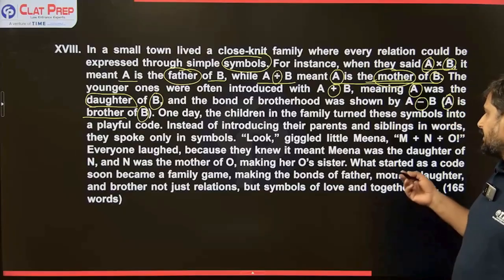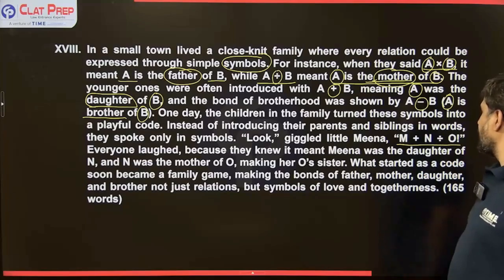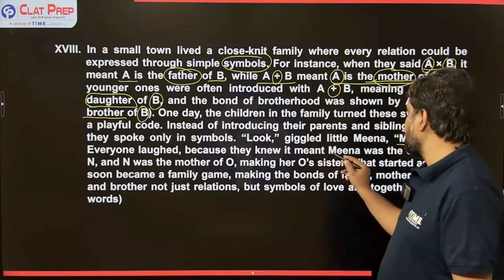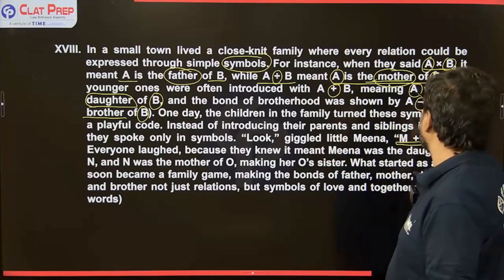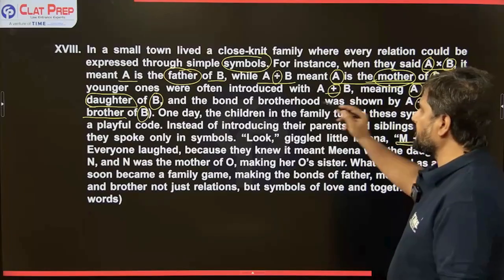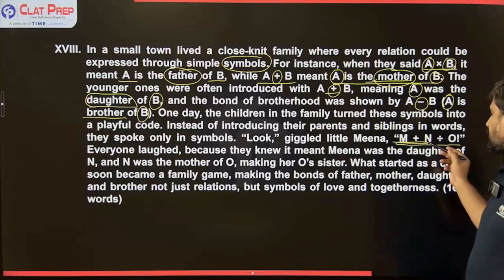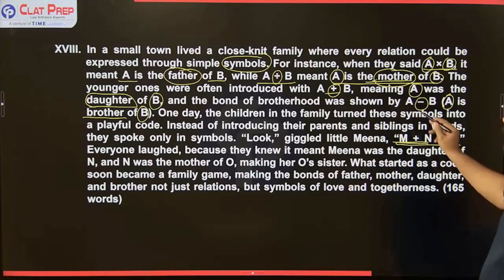Look, giggled little Meena, M plus N divided by O. Everyone laughed because they knew what it meant. What does M plus N stand for? Plus means A was the daughter of B. So M plus N stands for M is the daughter of N. And what about N divided by O?